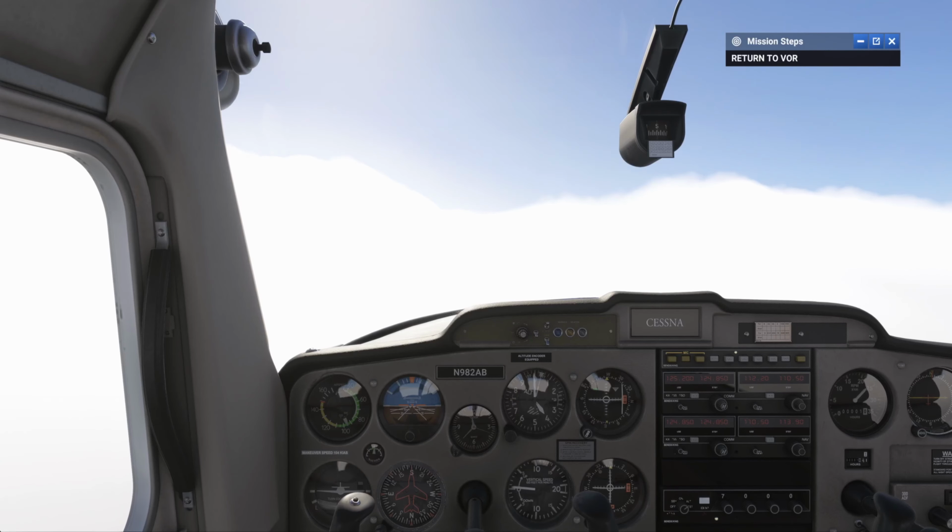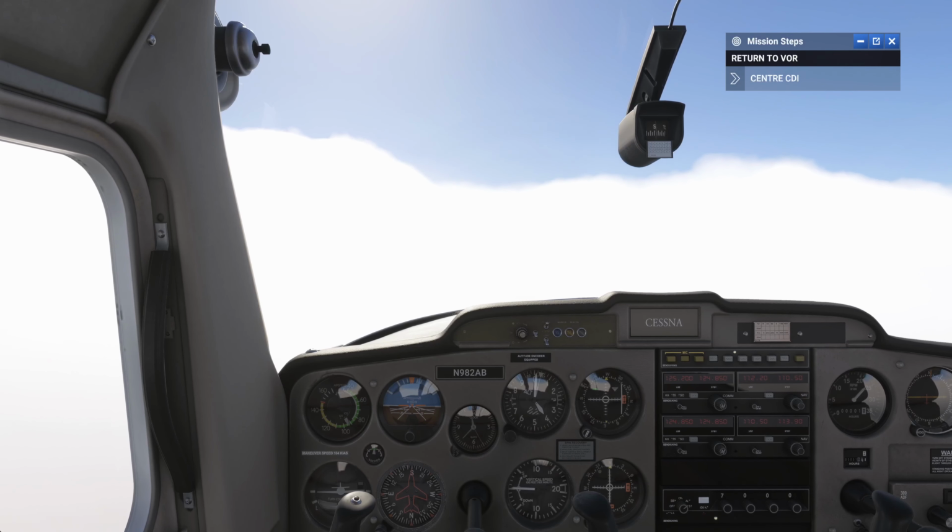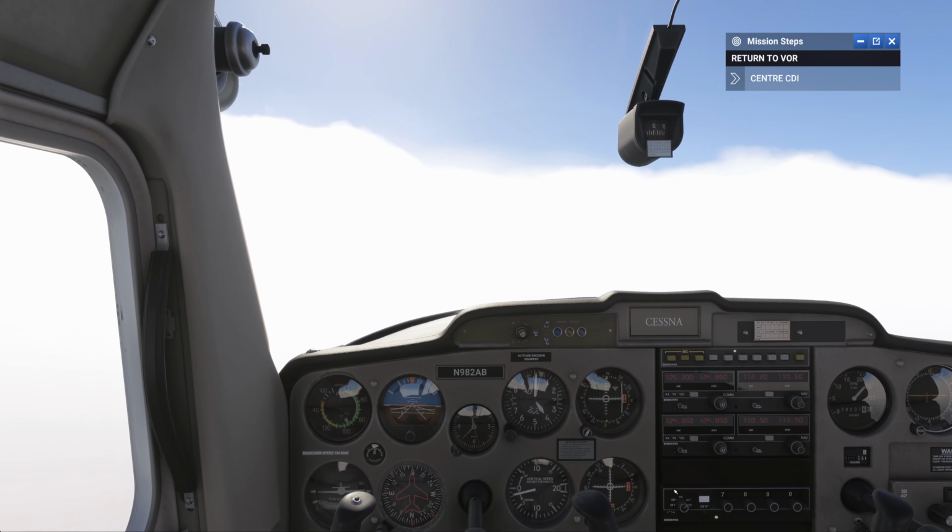Now we have some distance between us and the VOR. We will now repeat the techniques we have discussed. Turn the OBS knob to centre the CDI with a 2 indication.